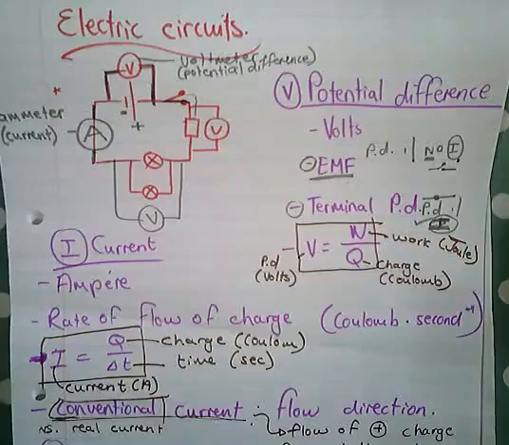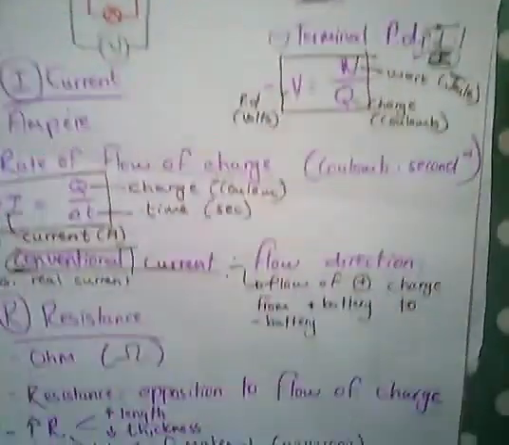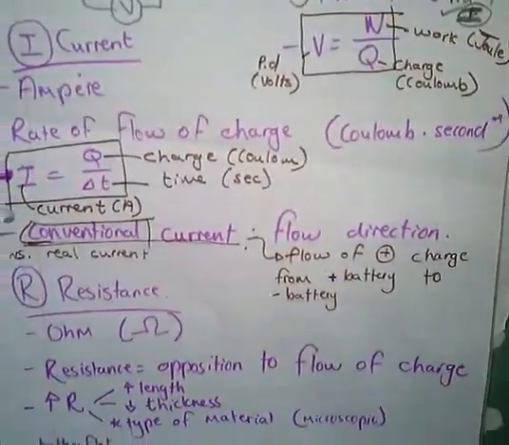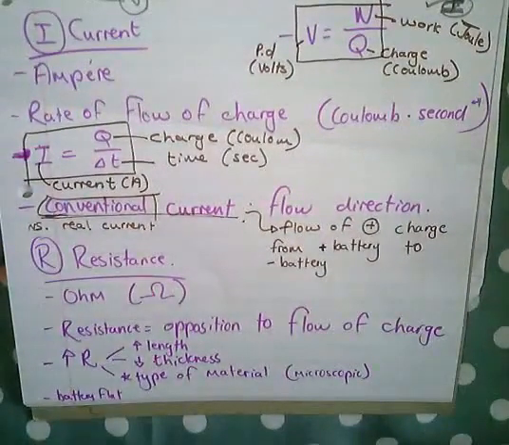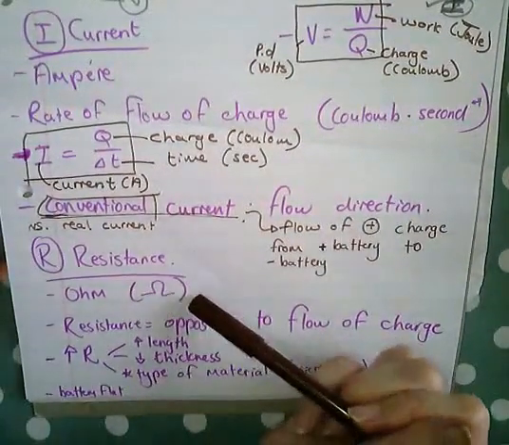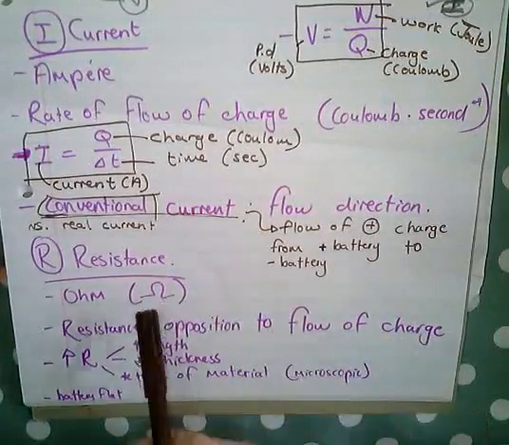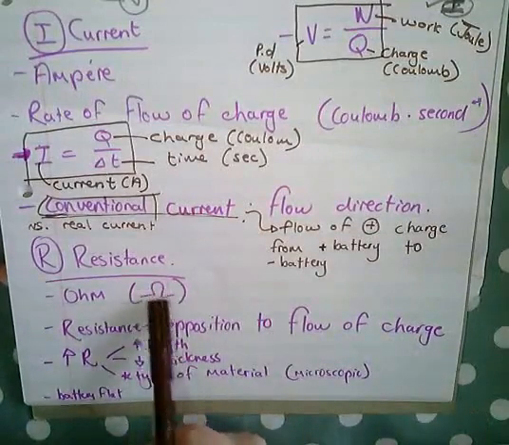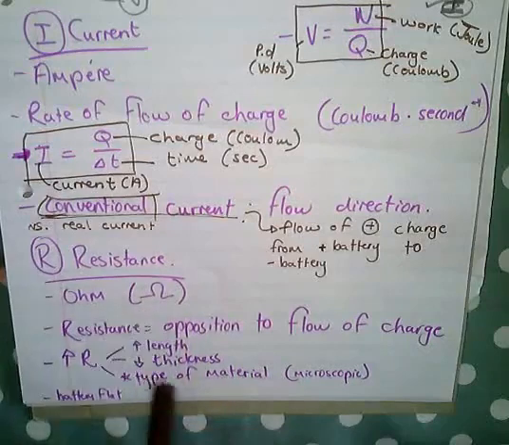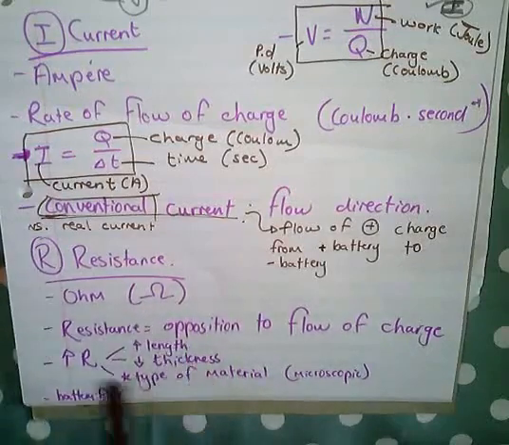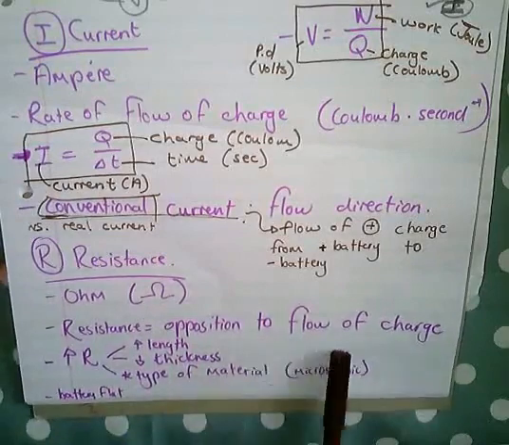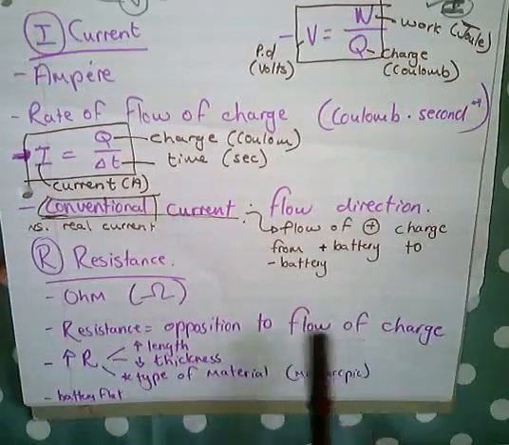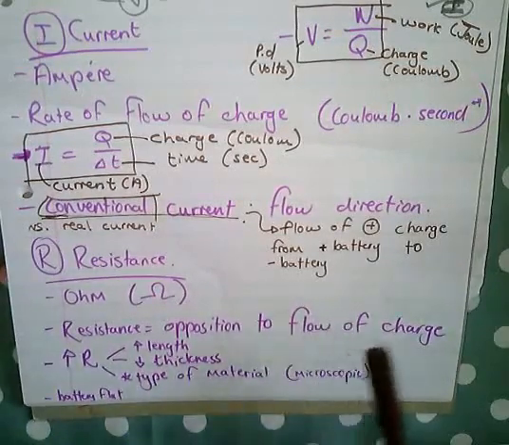Then resistance. Any circuit has resistance. So resistance is measured in ohm, and we use this omega symbol for it. Resistance, the definition of it is it's the opposition to the flow of charge. So it opposes that charge that wants to move.